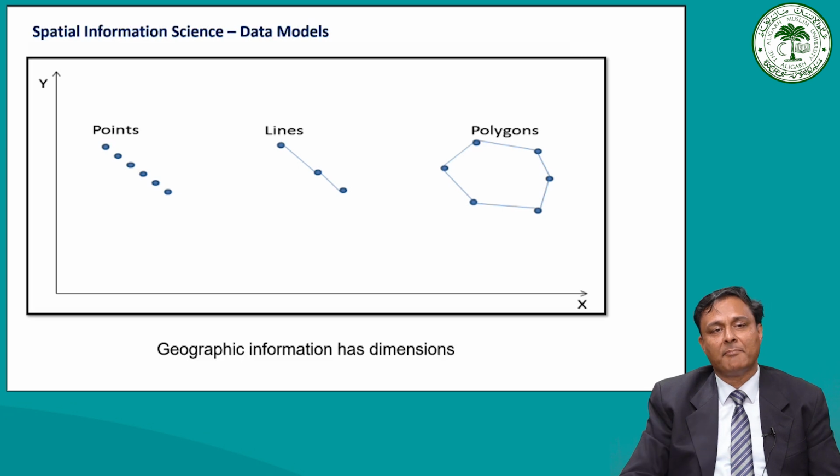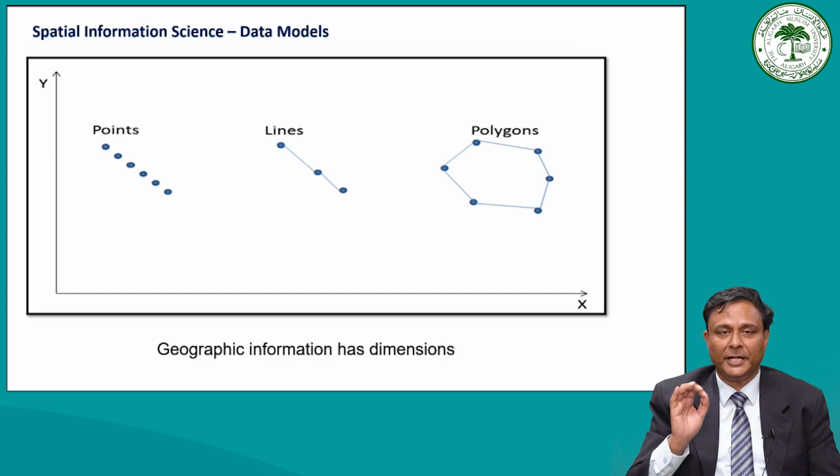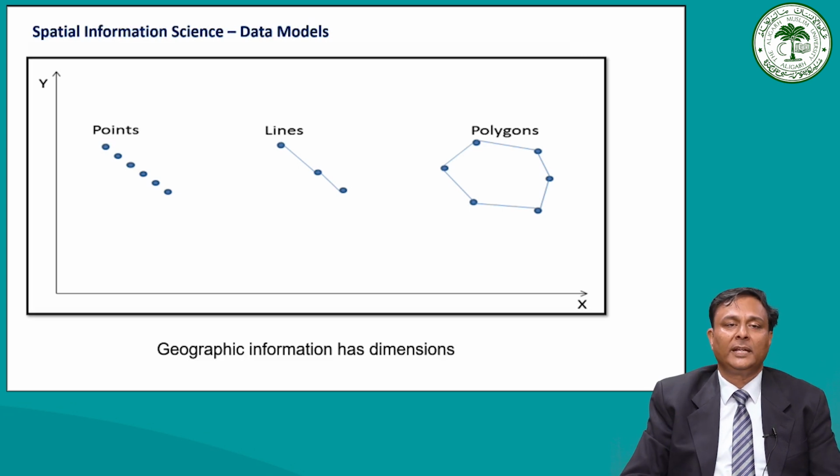So you can imagine that points are individual coordinates, a line is the different coordinates which form any linear entity, and polygons are various lines which form an area entity. So these are geographic information which have dimensions, the spatial dimension in the form of point, line and area.